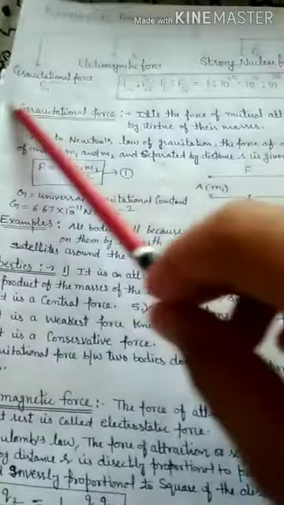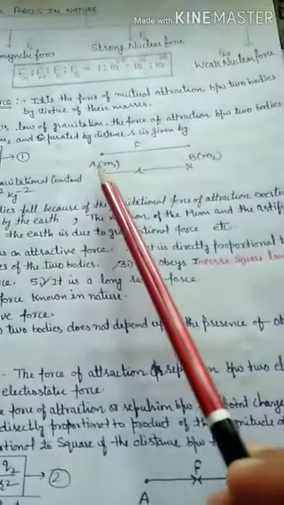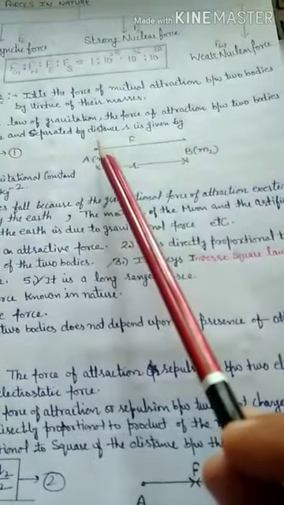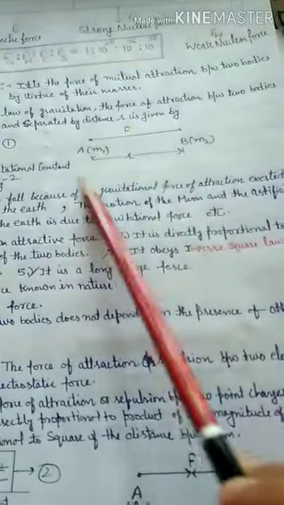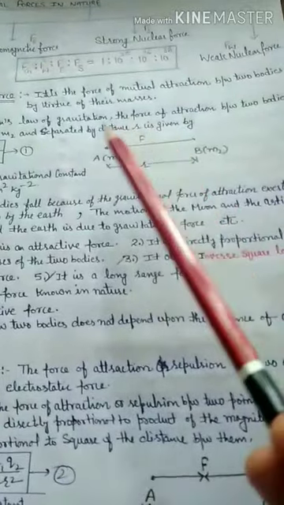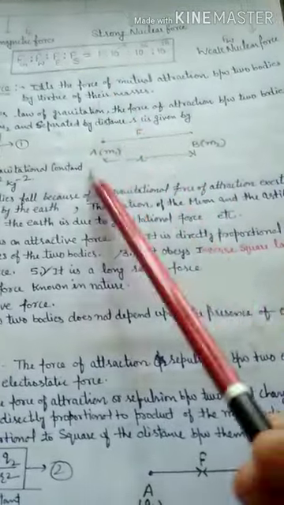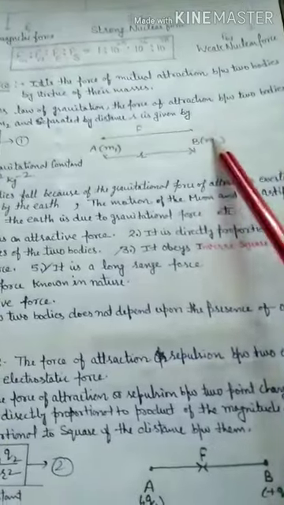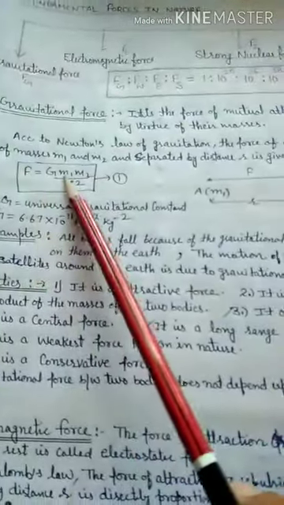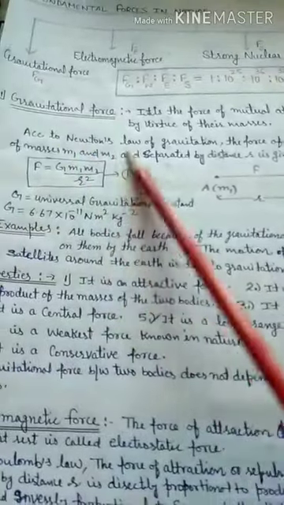Let us suppose there are two bodies of masses m1 and m2 at points A and B, with distance r between them. F is the force of attraction: m1 attracts m2 and m2 attracts m1 with equal force, given by F equal to G m1 m2 upon r square.